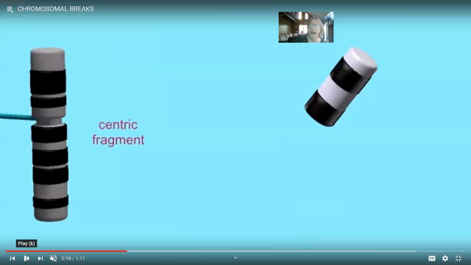Chromosomes can break, and as a result, you can have one fragment which still has the centromere. This is known as the centric fragment, and obviously the kinetochore fibers could attach there and guide it correctly during cell division.